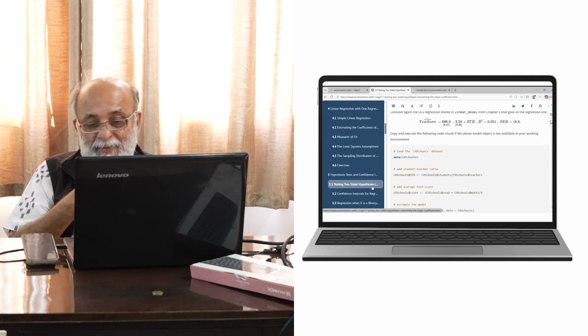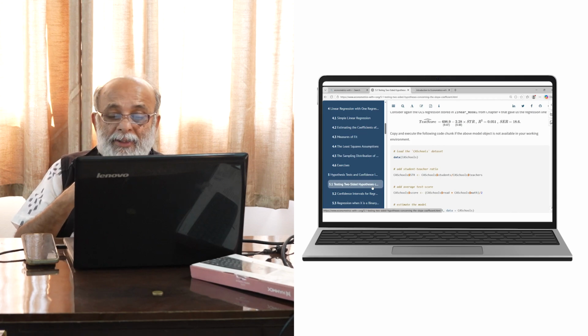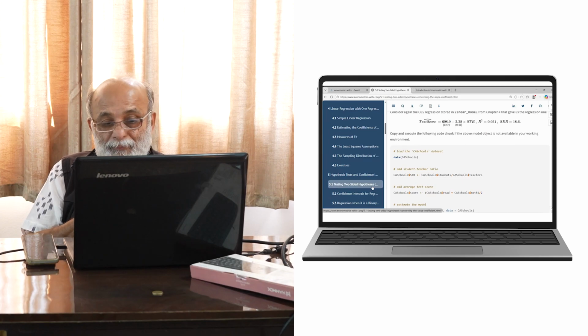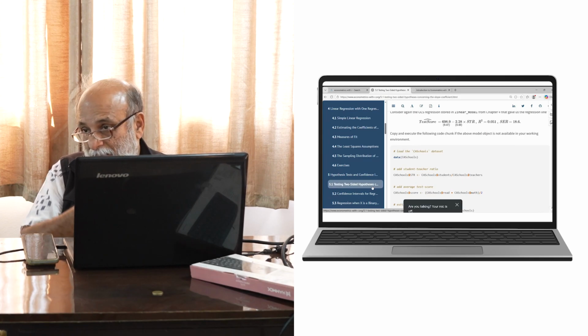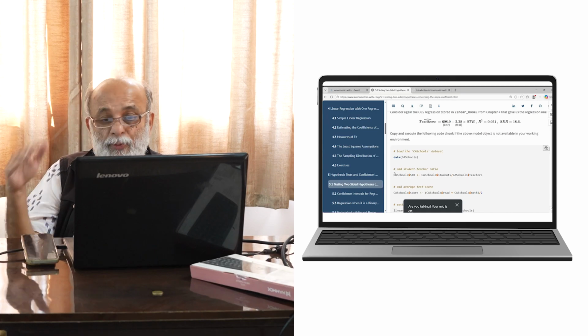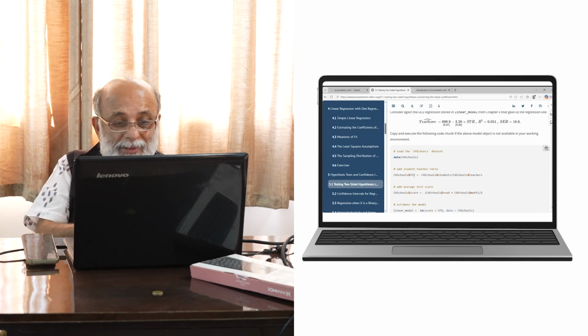What you want to do is see how the average test score of students depends on the student-teacher ratio, right? So the higher the student-teacher ratio, you would expect lower scores.